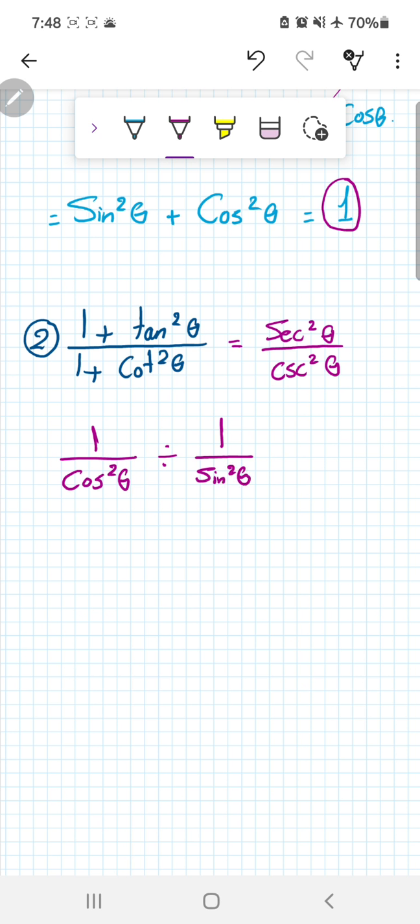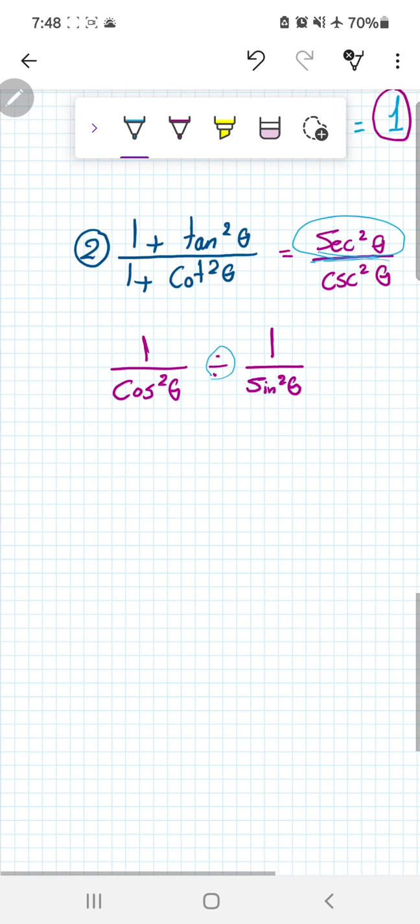Again, the numerator sec squared means 1 over cosine squared, divided by cosec squared, which means the reciprocal of sine, 1 over sine squared.